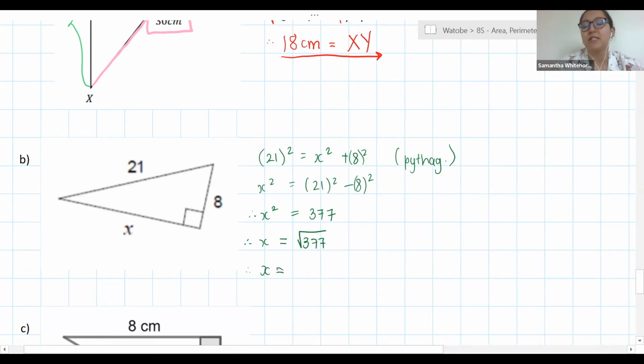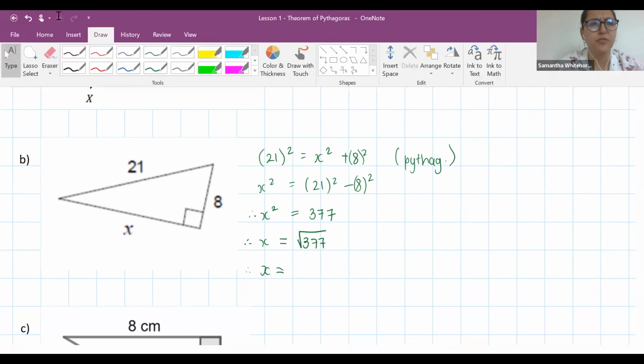Basically, where Emmanuel's at is probably where we want to get to, which is putting everything all in one step. So rather than doing a step-by-step calculation of first saying 21 squared minus 8 squared and getting an answer of 377 and then square rooting, as you get more comfortable with the stuff, you'll get there.